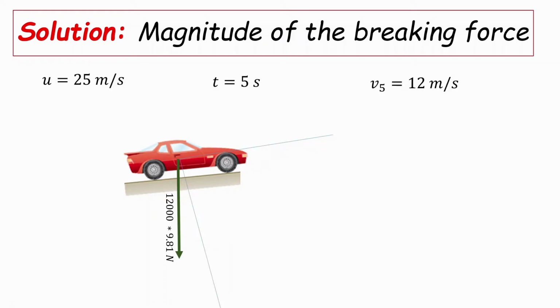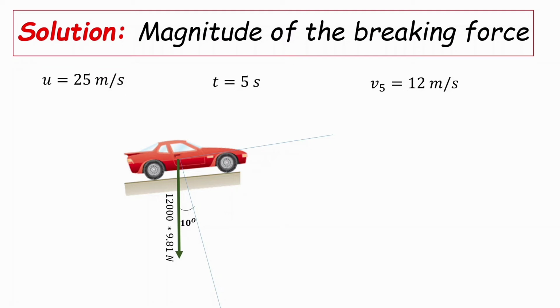If we assume coordinates of which one is horizontal, parallel to the direction of the vehicle, and the other is perpendicular to it, we have that the weight of the vehicle is at an angle of 10 degrees to the coordinate that is perpendicular to the direction of the car. That can be gotten geometrically.